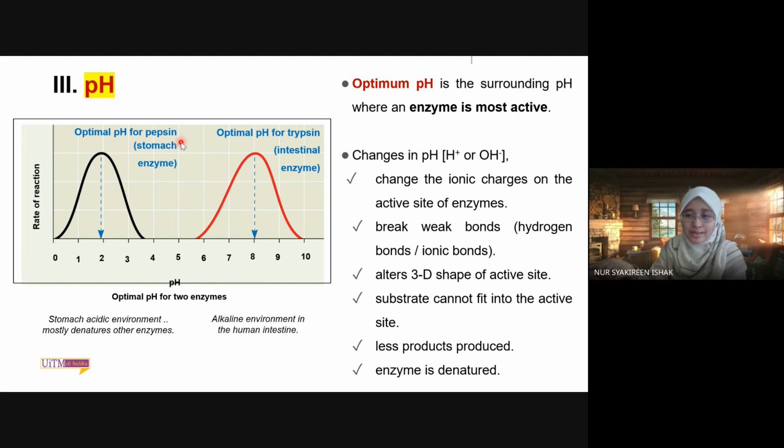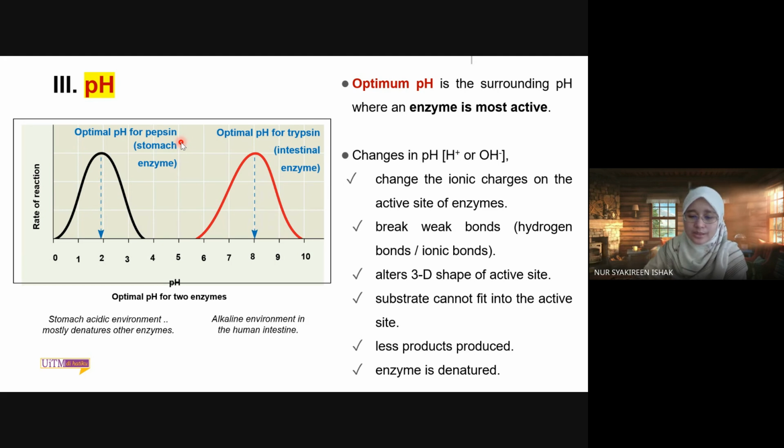To provide the acidic condition, your stomach lining also secretes another substance, which is hydrochloric acid. The hydrochloric acid will activate the pepsinogen and convert it into pepsin. So then only pepsin can catalyze the reaction.